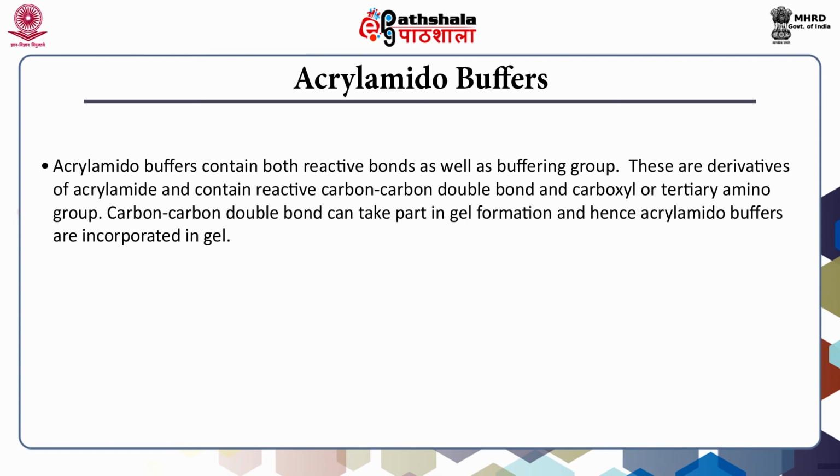Acrylamido buffers contain both reactive bonds as well as buffering group. These are derivatives of acrylamide and contain reactive carbon-carbon double bond and carboxyl or tertiary amino group. Carbon-carbon double bond can take part in gel formation, hence acrylamido buffers are incorporated in gel.